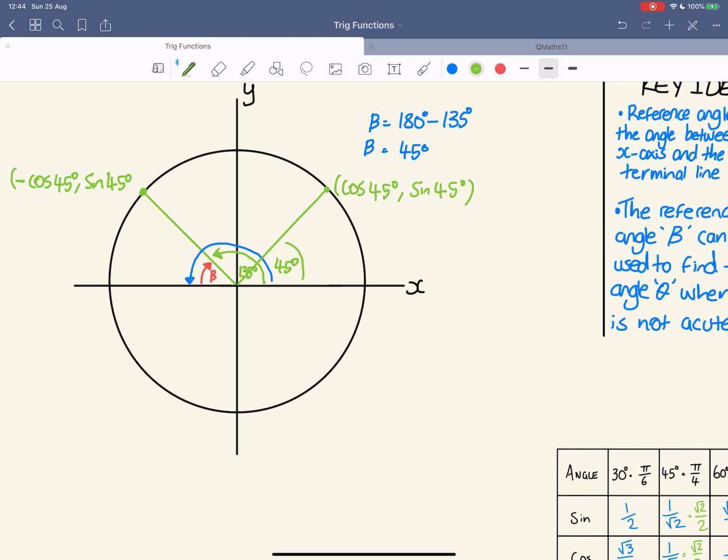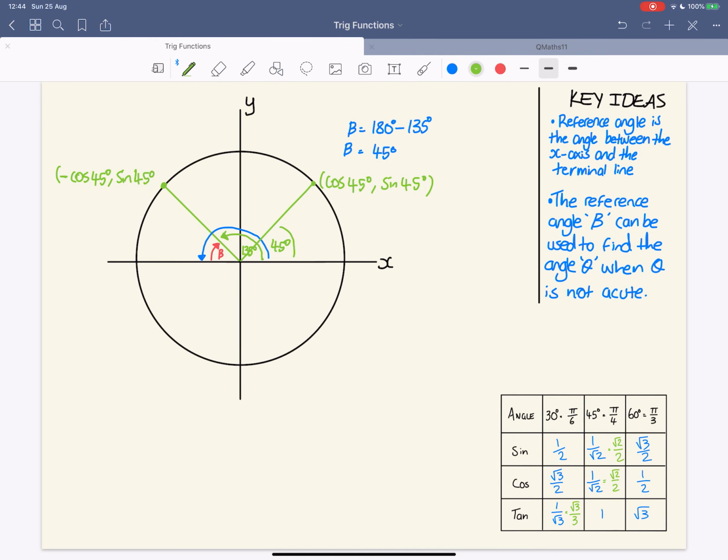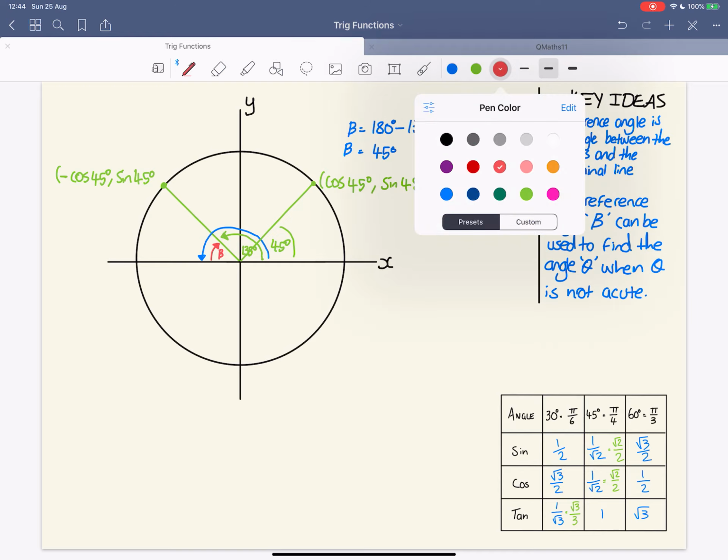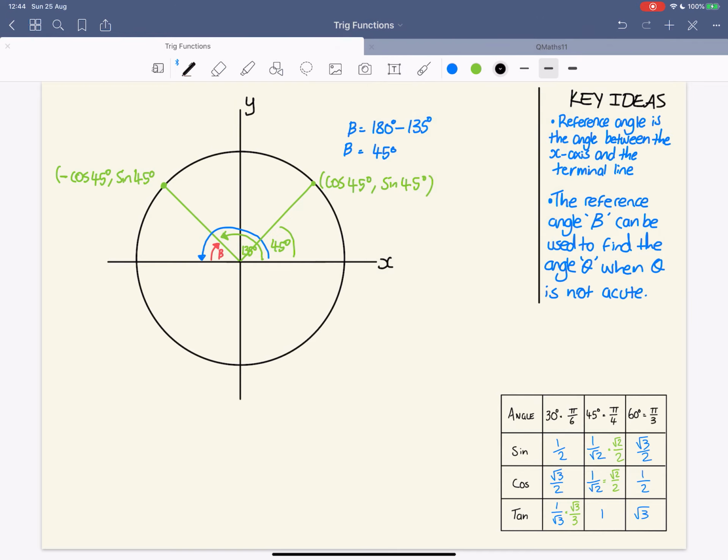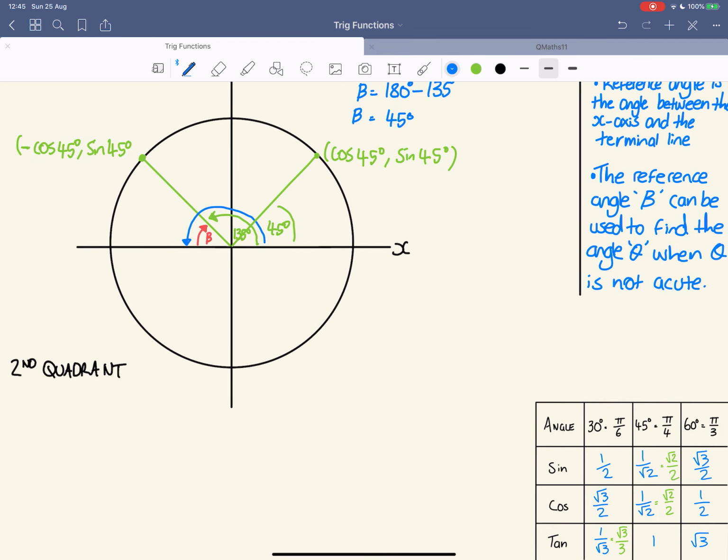So let's go ahead and make some notes here. Let's consolidate and formalize this. So in the second quadrant, the sine of an angle is equal to the sine of your reference angle.